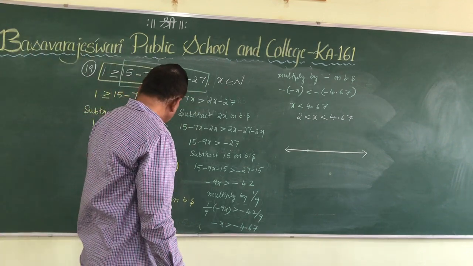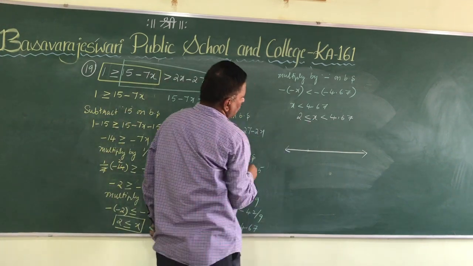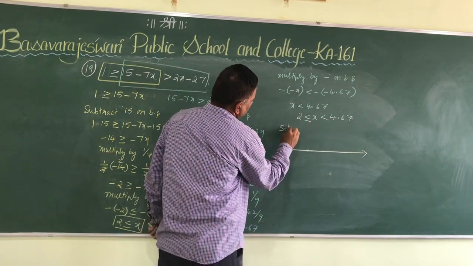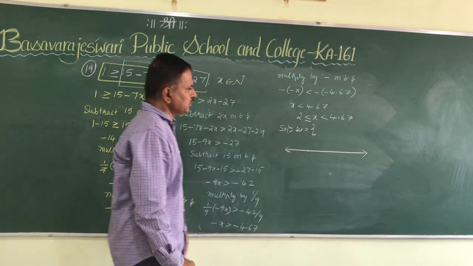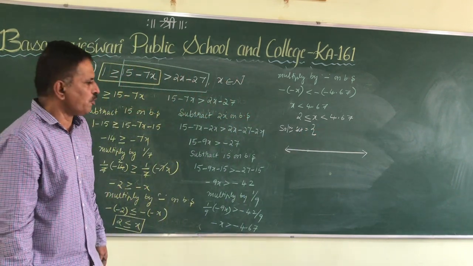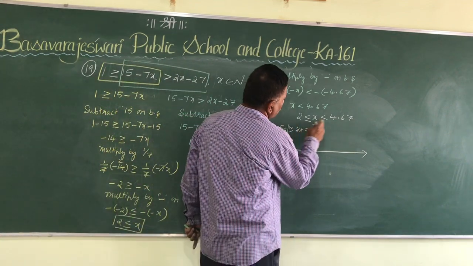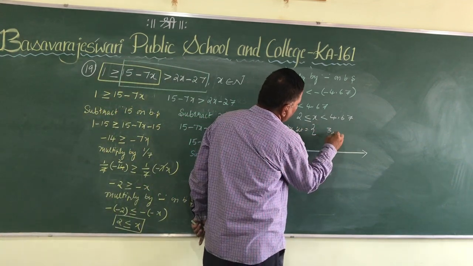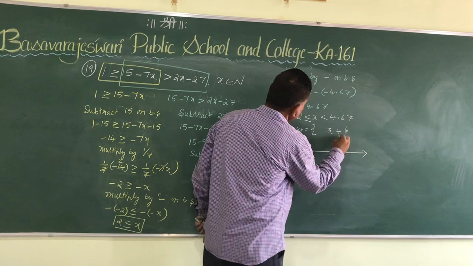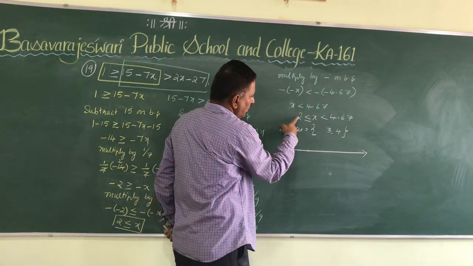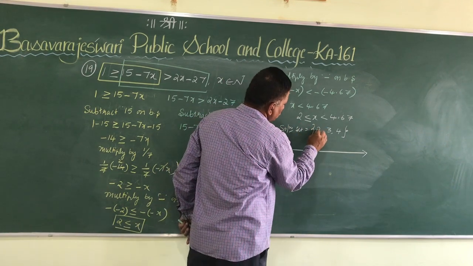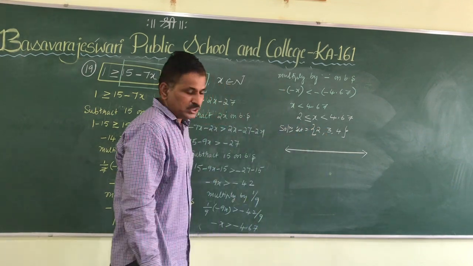Since the equal sign is given, this should be included. So the solution set is those values present between 2 and 4.6, which are 3 and 4 since it is a natural number. Since the equal sign is given, 2 is also considered, so you will get 2, 3 as well as 4.